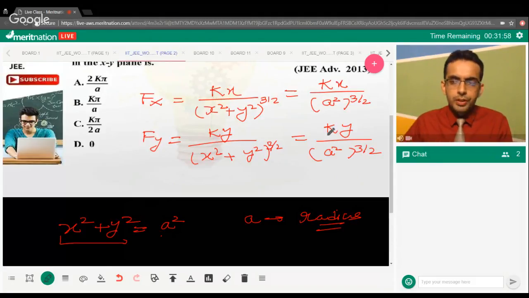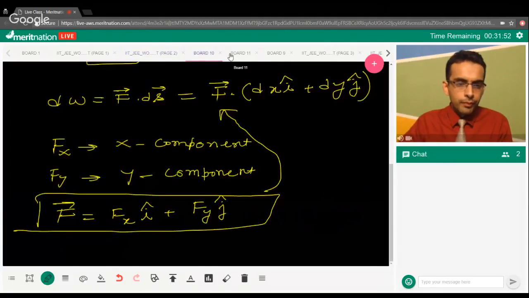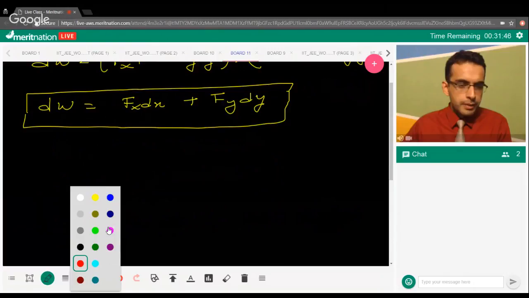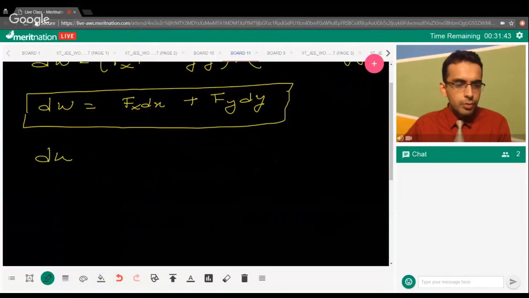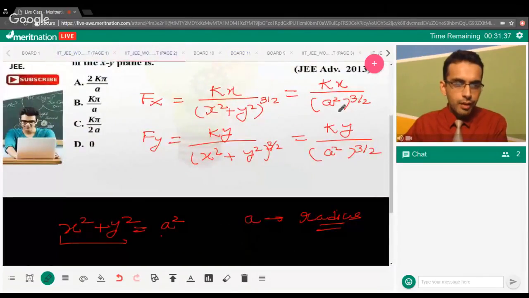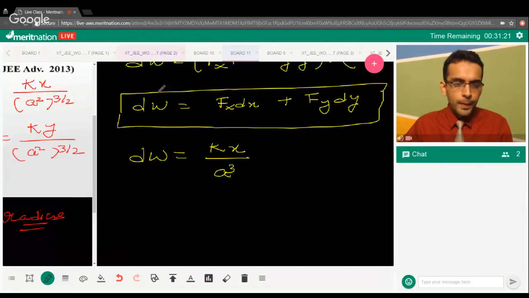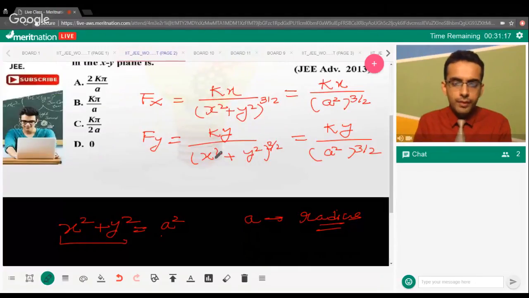Now, what we have to do? Just put these values of the components of the force in the expression for the work done, right? So simply substitute the values. So dw is equal to, now what is the value of fx? Simply write from here, kx divided by a square raised to the power 3 by 2. So kx divided by a cube, because 3 by 2 of a square is a cube.